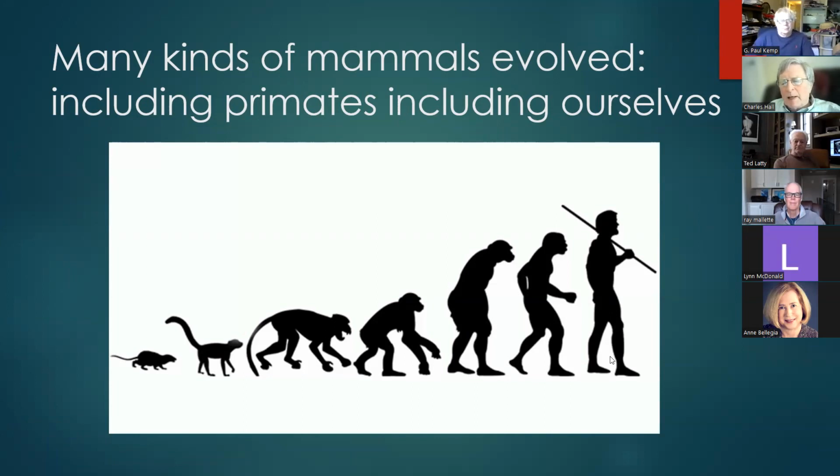Homo meaning simply man, and sapiens meaning wise, which I'm not quite sure is the right word, but that's what's going on.